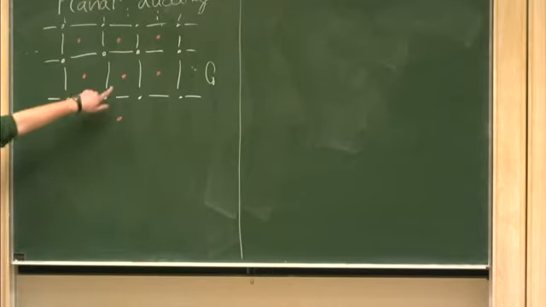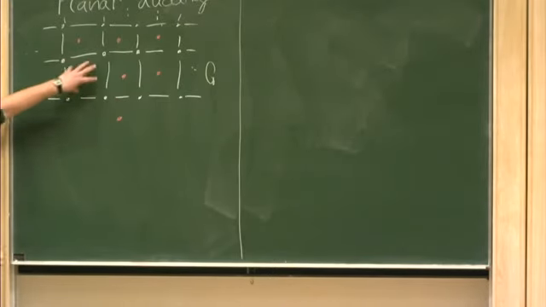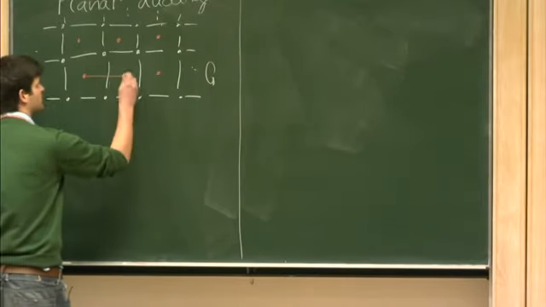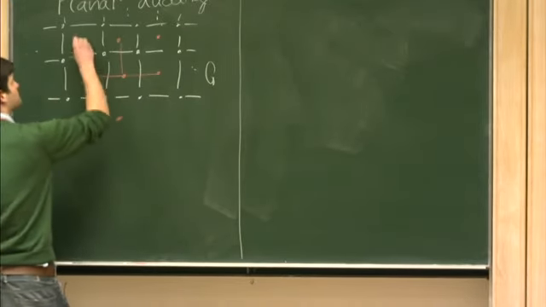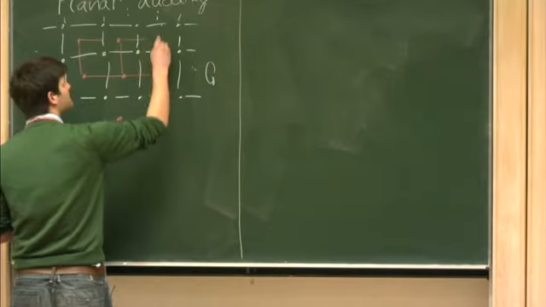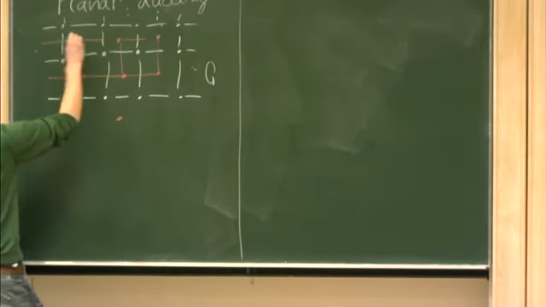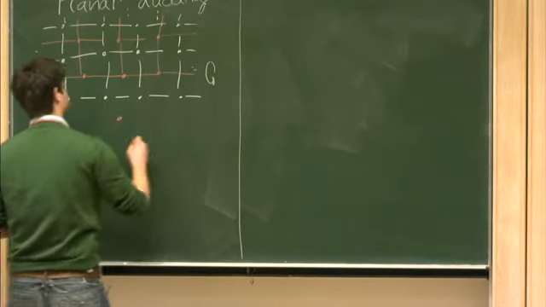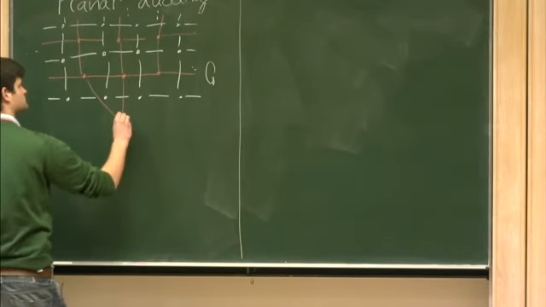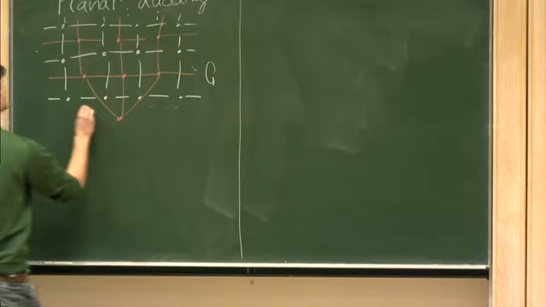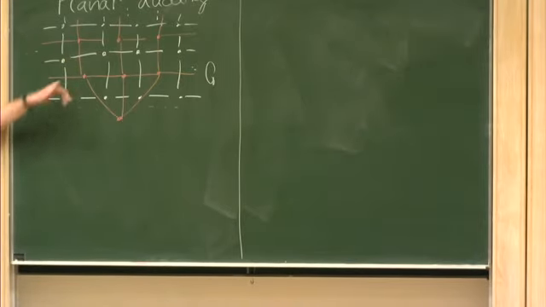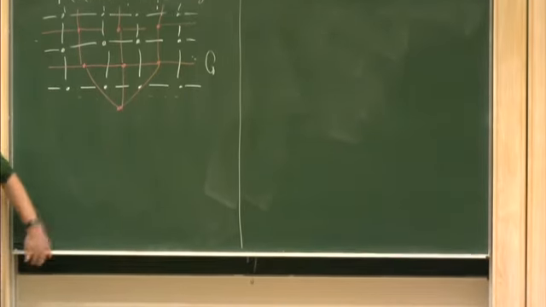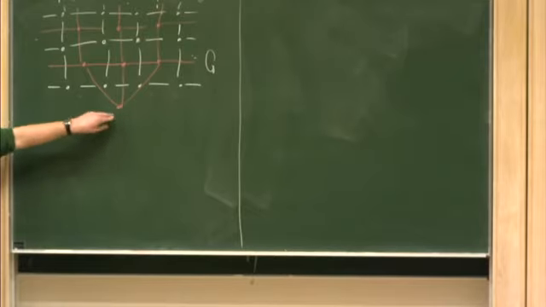Now we join two of the new vertices by an edge if the corresponding faces share an edge in the original graph. So the dual is something like the graph we started with, but with this additional vertex at the bottom, which has infinite degree.